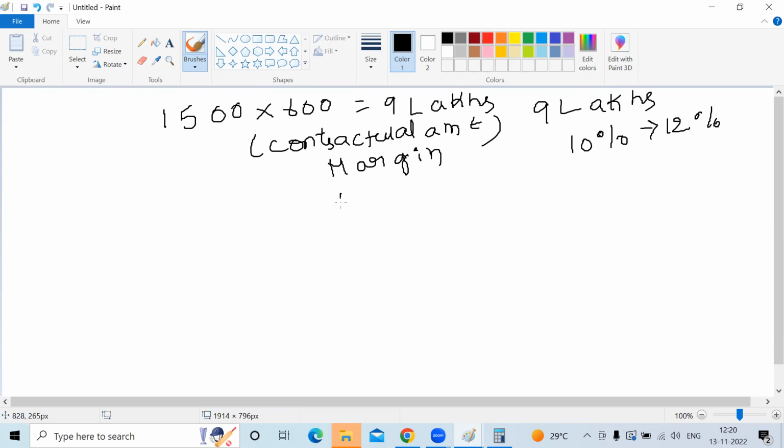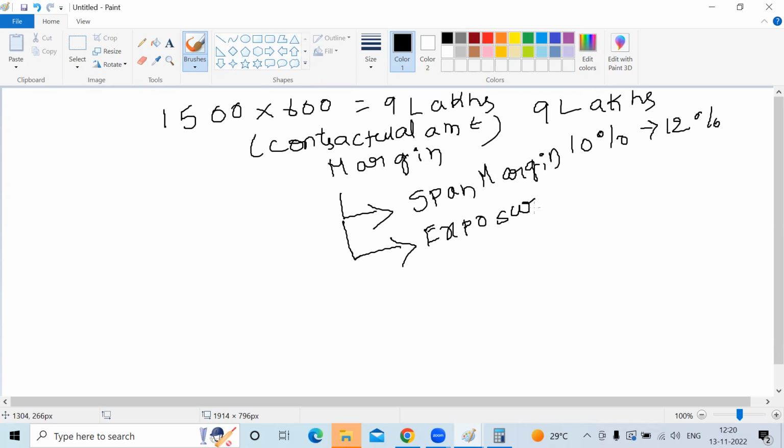But in margin, there are two components. There is something called span margin, and there is something called exposure margin. The market authorities, SEBI or someone, I don't know exactly who, will decide that to enter this contract you need to pay 7% of your contractual amount.